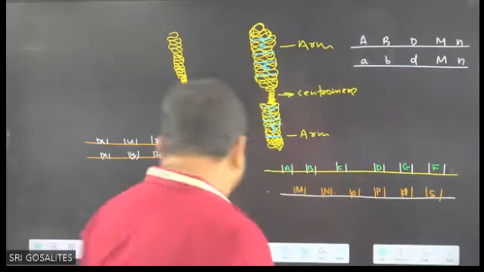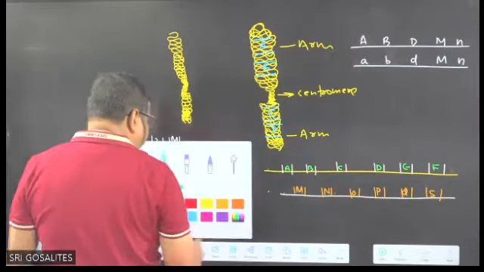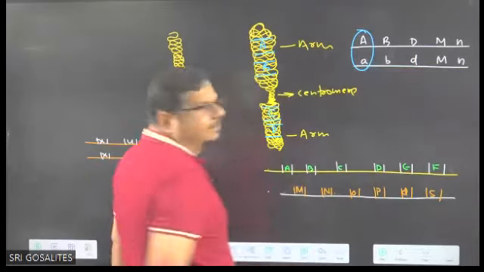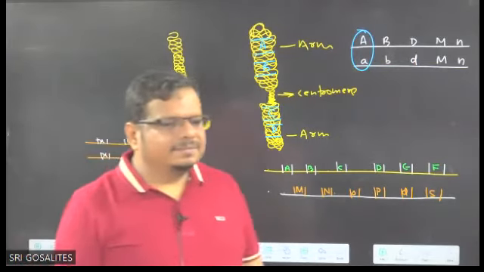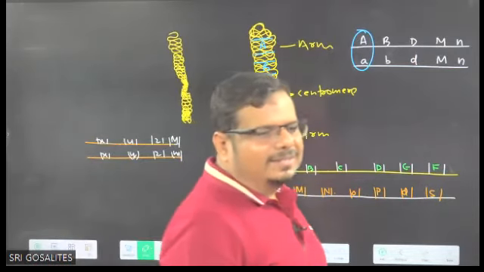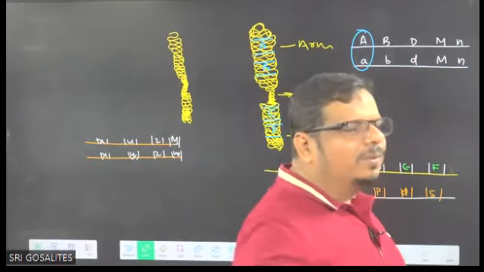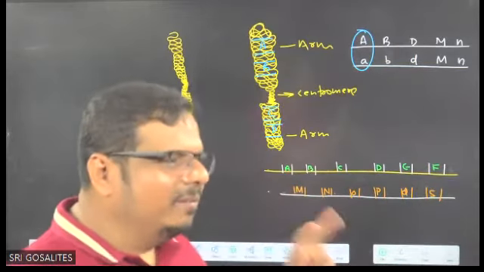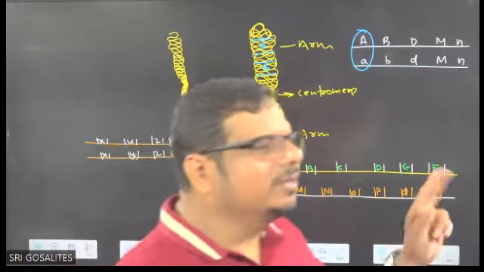Now you tell me, I am asking each and every one once again. Is it homozygous or heterozygous? Heterozygous. Not heterologous. The term heterologous we use for chromosomes. Homologous is used for chromosomes. Homozygous or heterozygous terms are used for genes.